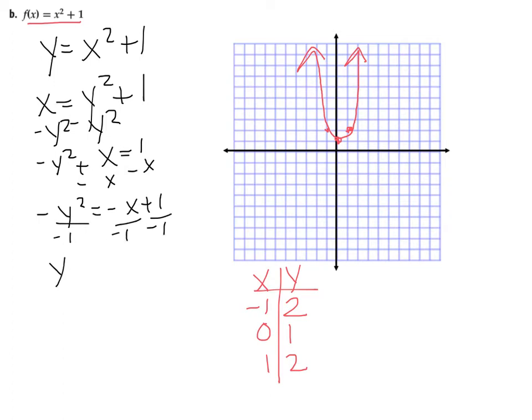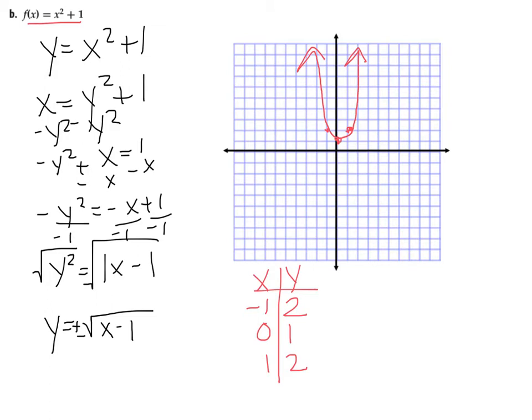So now I have y squared equals x minus 1, and then I'm going to take the square root of both sides. So our final answer here is going to be y equals plus or minus the square root of x minus 1.